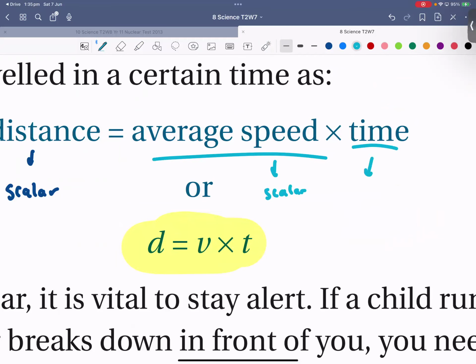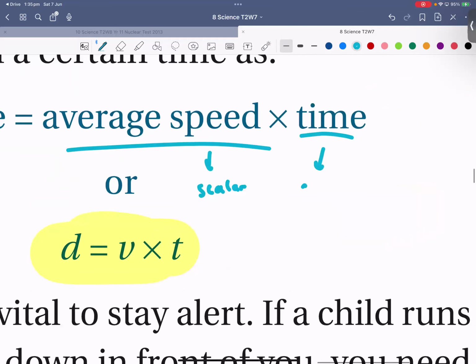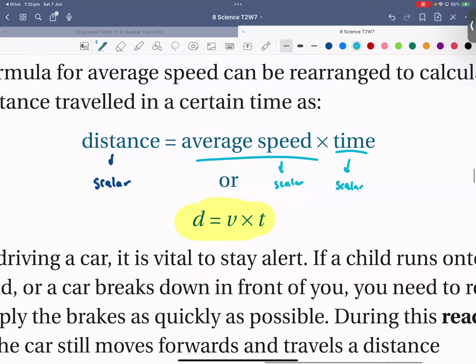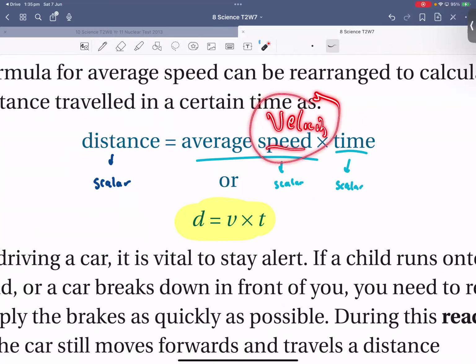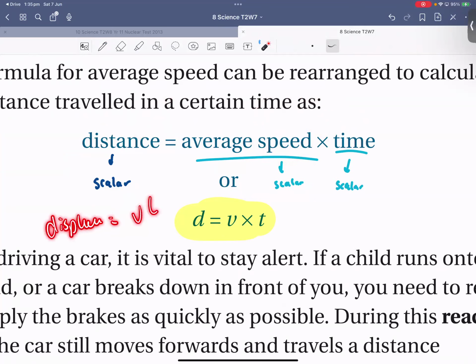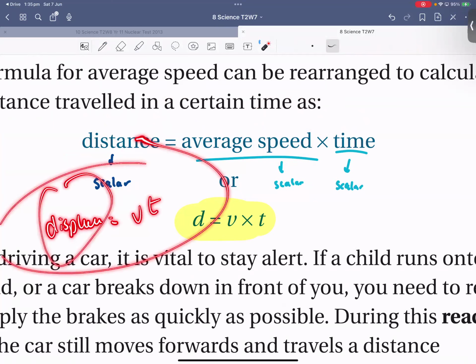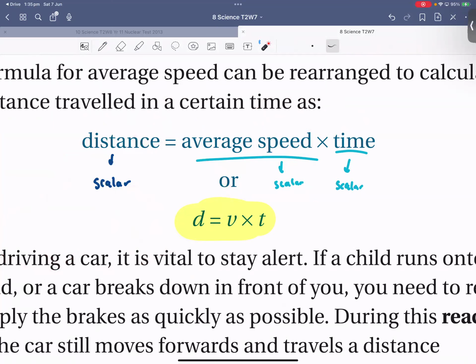What's time? Okay. That is why I technically can't write average velocity, because velocity would imply direction, and that would imply I need a direction here. Hence, I could write displacement is equal to v times t, because this is a vector, and that's a scalar. So transposing this would mean that v equals d upon t.